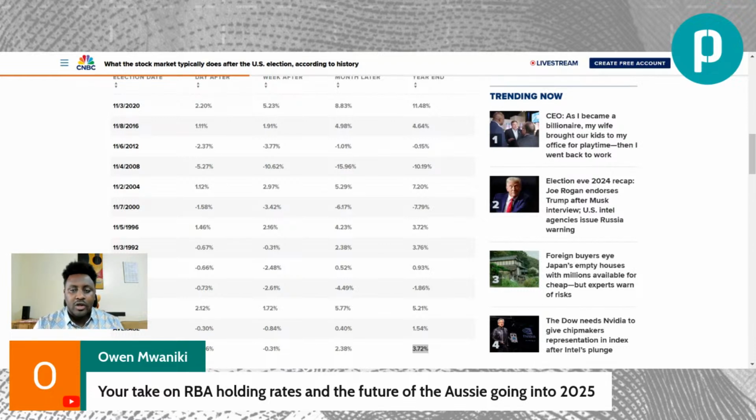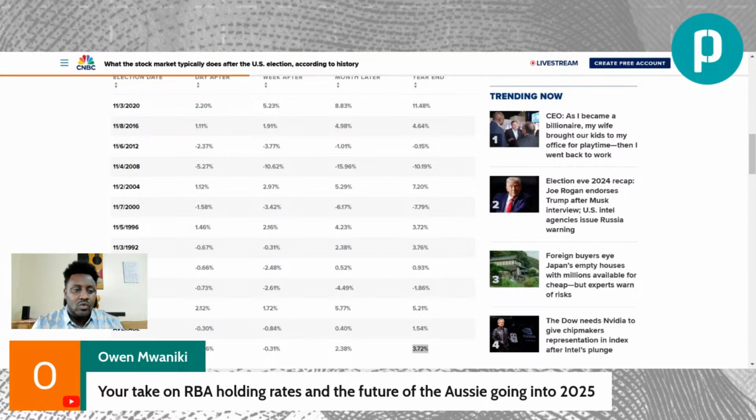So as a result, you continue seeing their currency strengthening. Also, the Australian dollar being a commodity currency that is associated with gold, as gold continues driving into new all-time highs, then the Australian dollar tends to benefit also. So we have two factors supporting the performance of the Australian dollar. So we could be seeing the Australian dollar remaining strong through to 2025.